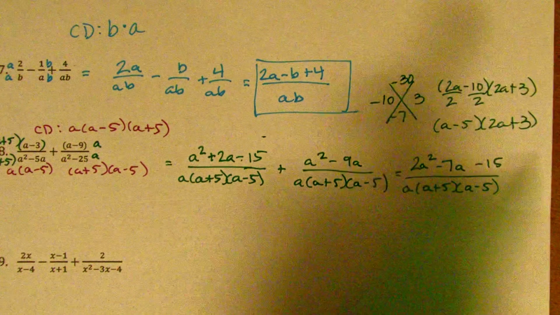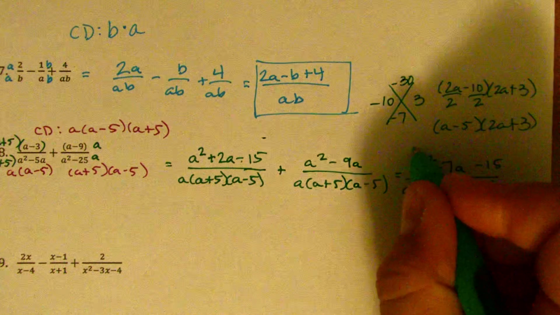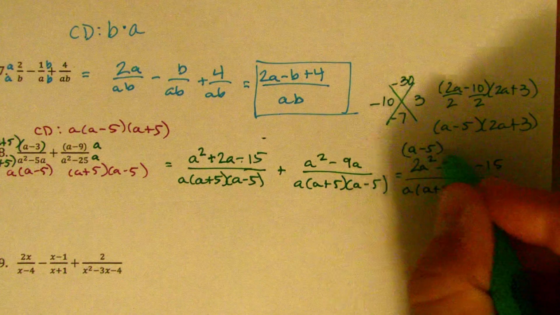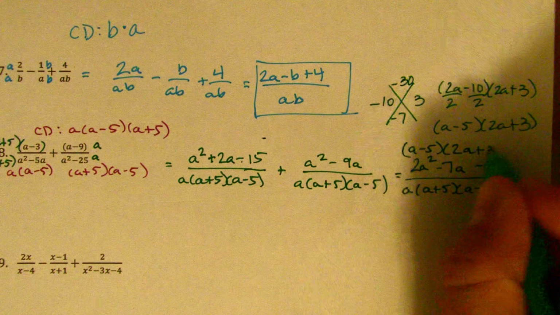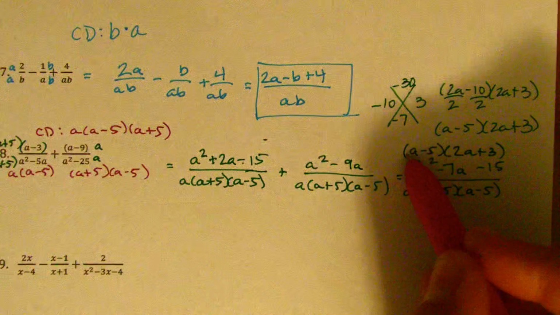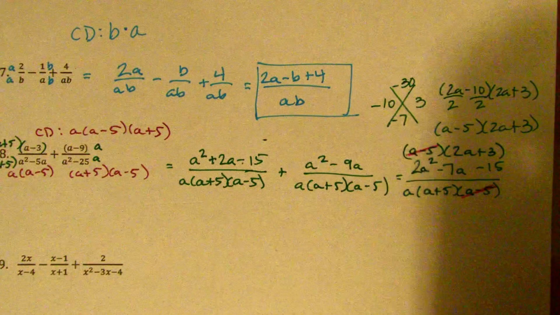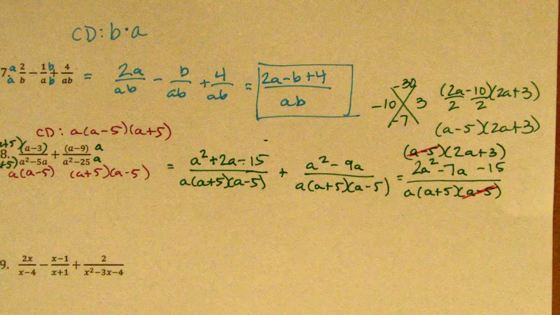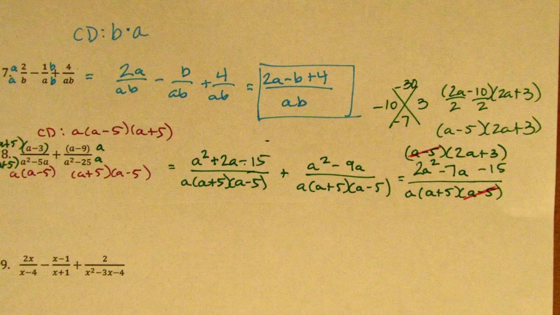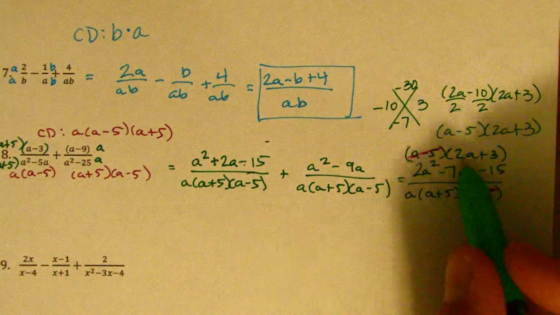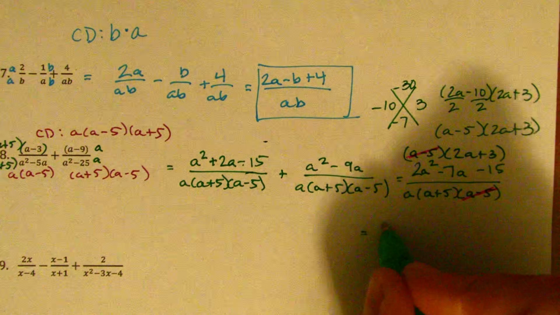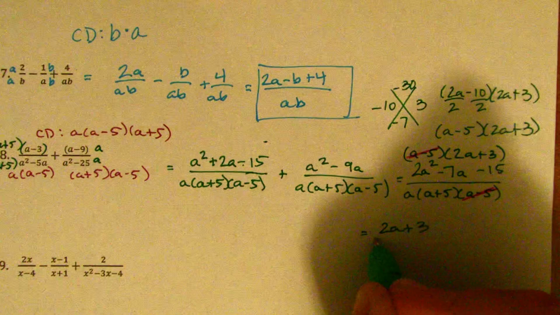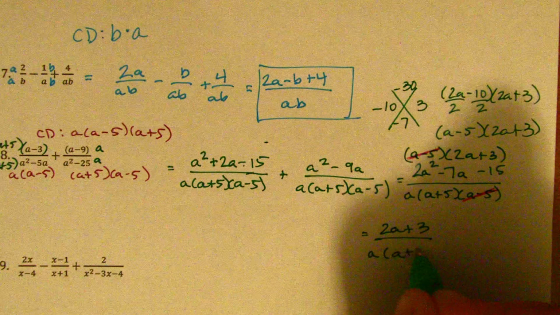Now I see right away with an a minus 5 up top and a 2a plus 3, we do in fact have a common factor that we would need to reduce. So if this is a problem on your homework or a quiz or an exam, you would need to reduce this one. We would then have our final answer is 2a plus 3 over a times a plus 5.